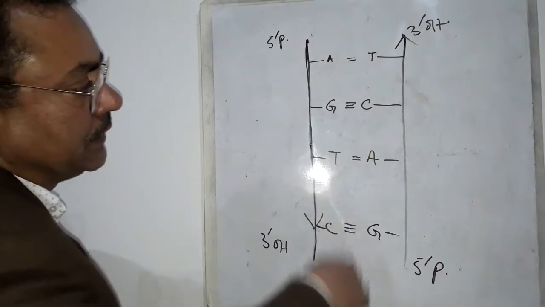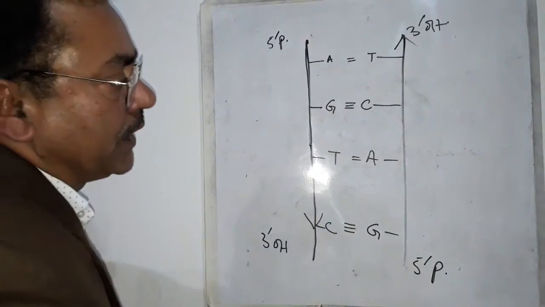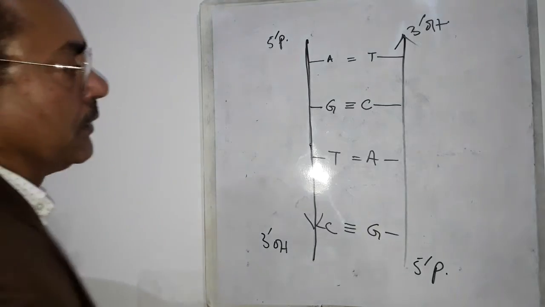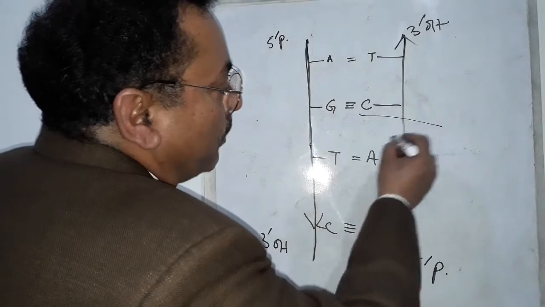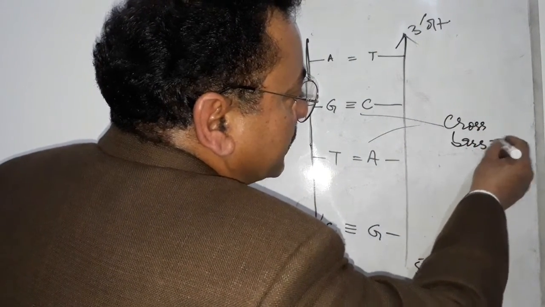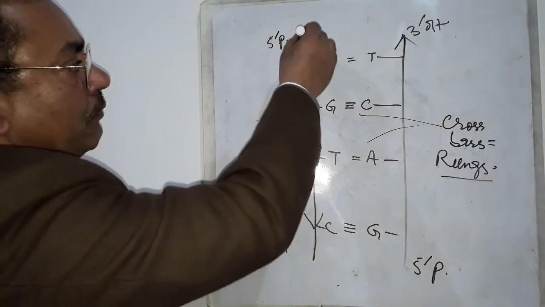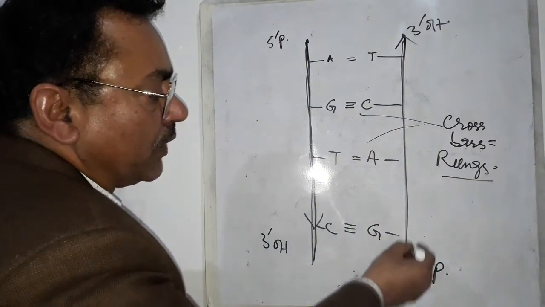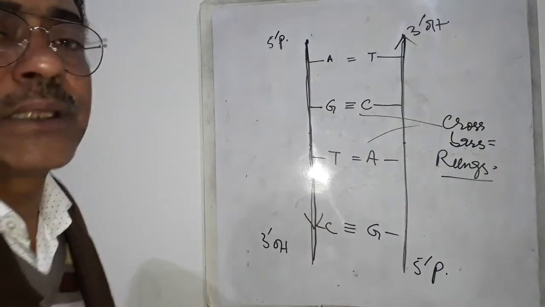So these base pairs are stacked one above the other and lie towards the interior of the sugar phosphate backbone. They are set at right angles. They make the cross bars, or rungs, of the ladder-like structure. Whereas this strand and this strand make the sugar phosphate backbone. They are said to be the side bars of the ladder.